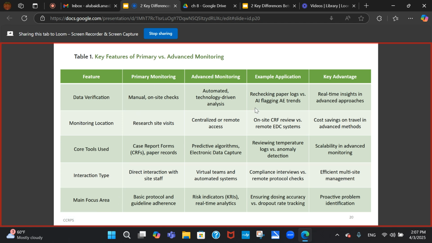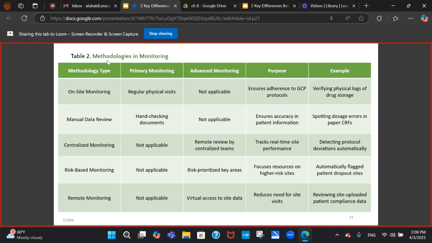And here we have table 2, the methodologies in monitoring: methodology type, primary, advanced, the purpose, and example as well. And we have the on-site monitoring methodology type, manual data review, centralized monitoring, risk-based monitoring, and remote monitoring as well.